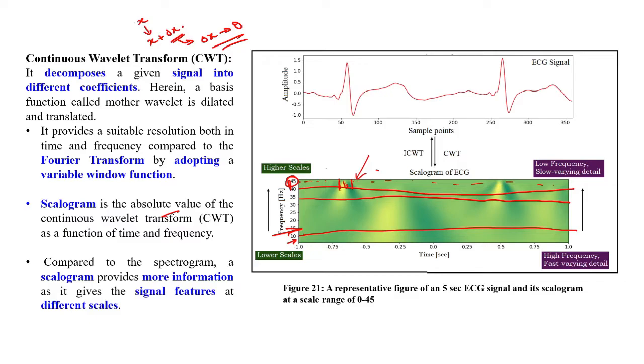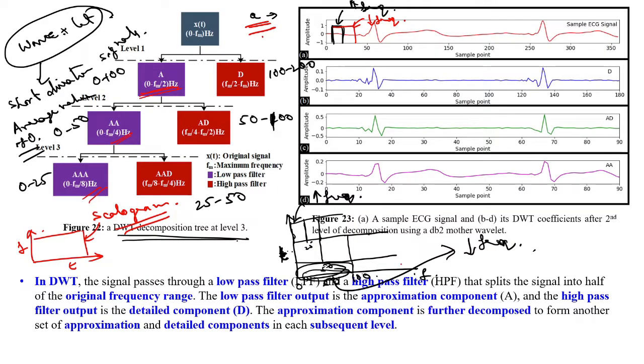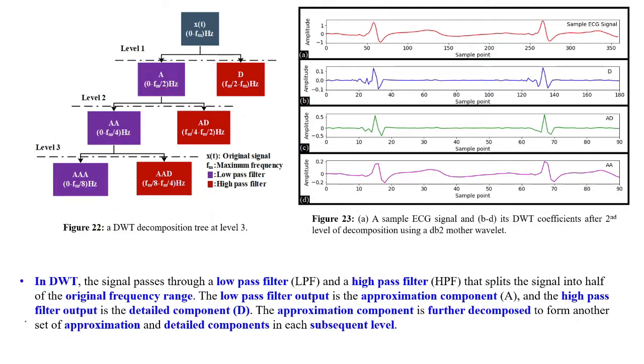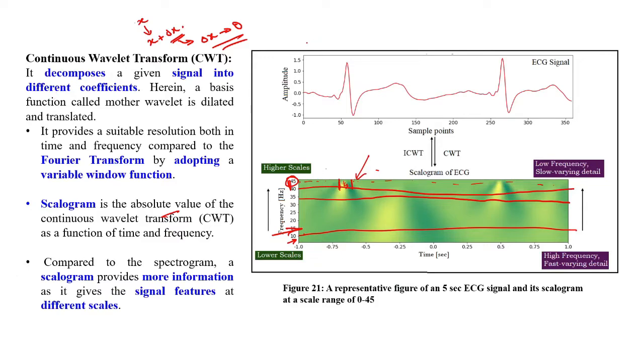Okay. So in the DWT also, if you plot it like this, say frequency against time, so here initially we will be getting a band where there would be A. Then we'll be getting another band like this one.